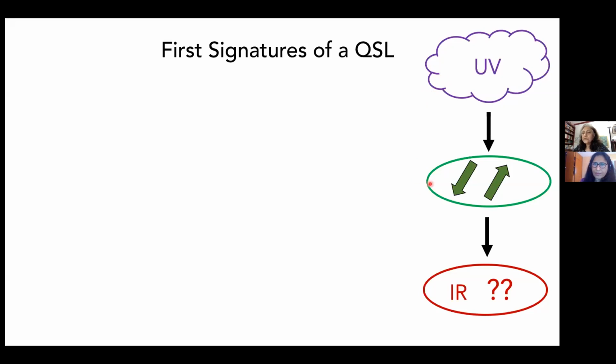Then you come to a middle scale, shown here in green, and this is where the local moments are revealed and local moments start interacting. So that would be the energy scale on the order of the exchange coupling J, which goes like some bandwidth squared over U. So that's an intermediate scale. So we do have local moments, they interact.